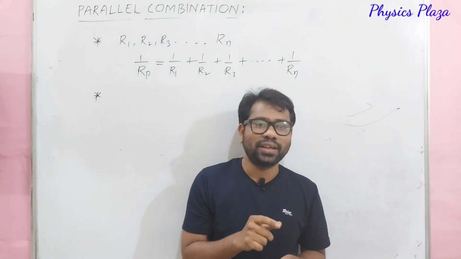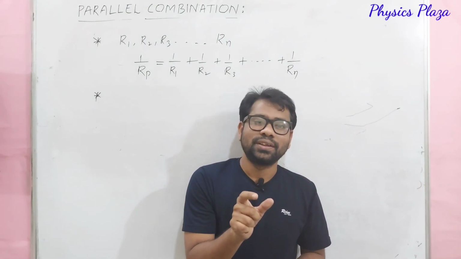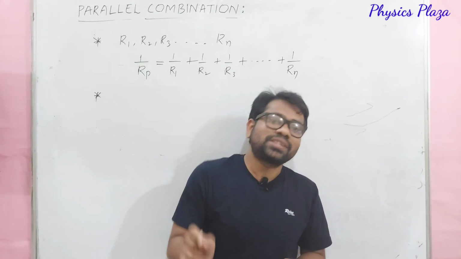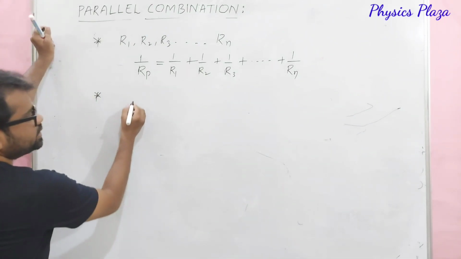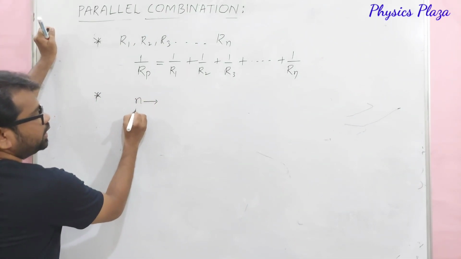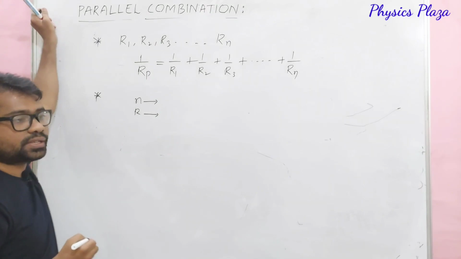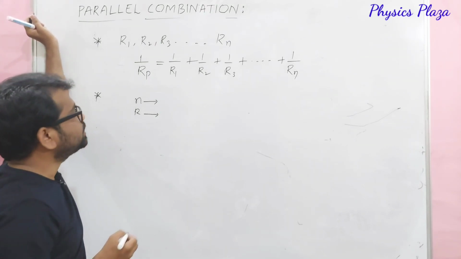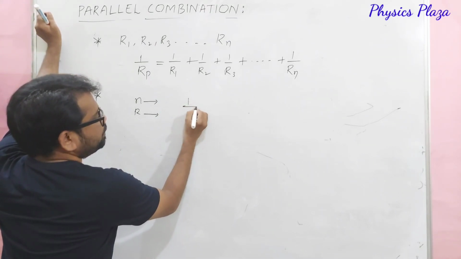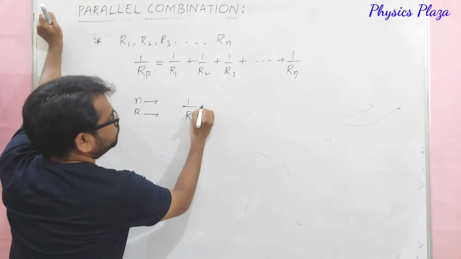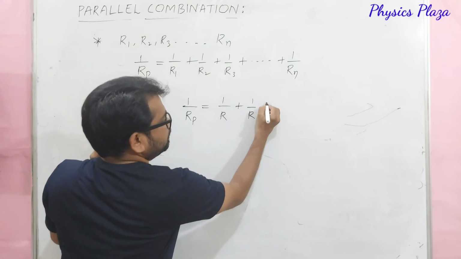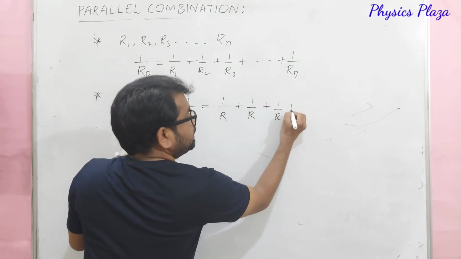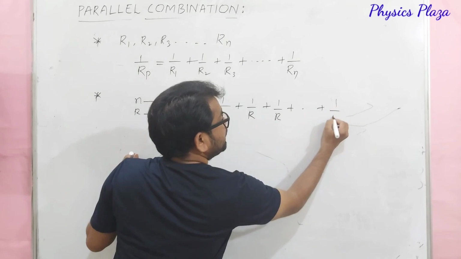Very important. If n resistors, each with the same resistance R, are combined in parallel, then 1 by Rp is equal to 1 by R plus 1 by R plus 1 by R, like this, n times.